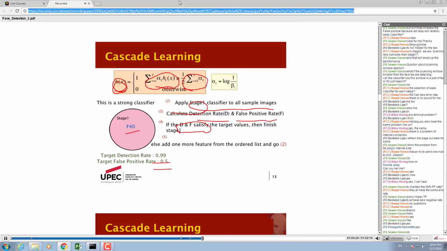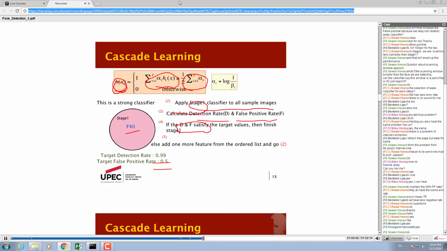It should not be larger than 50, because when we say the false positive rate should be 50%, that's the maximum allowed false positive rate.